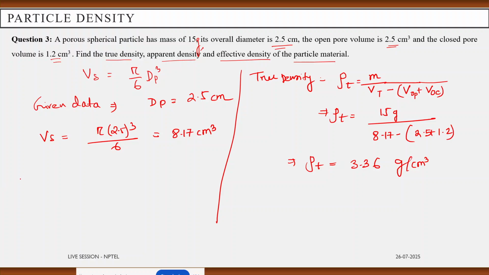Similarly, the apparent density will be the mass divided by the total volume minus the volume of the closed pores, so only the open pore volumes are included.